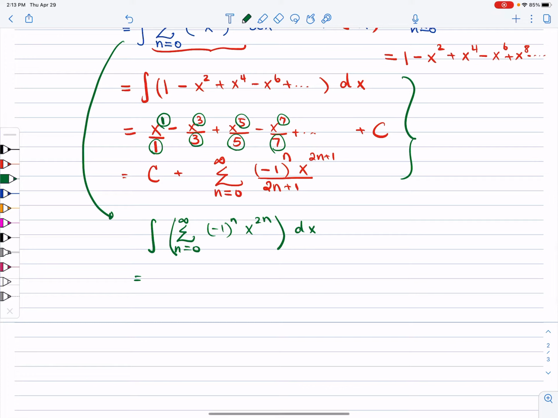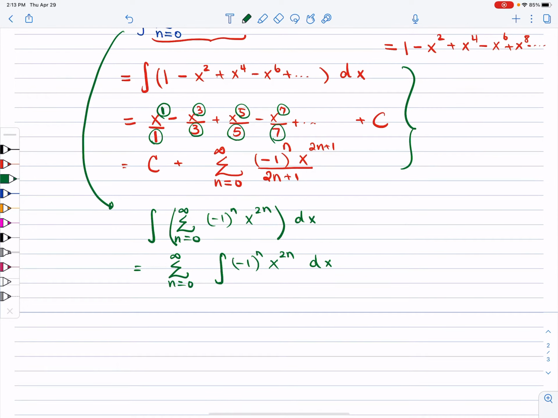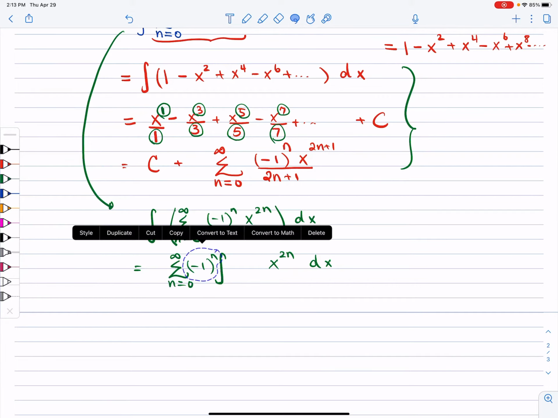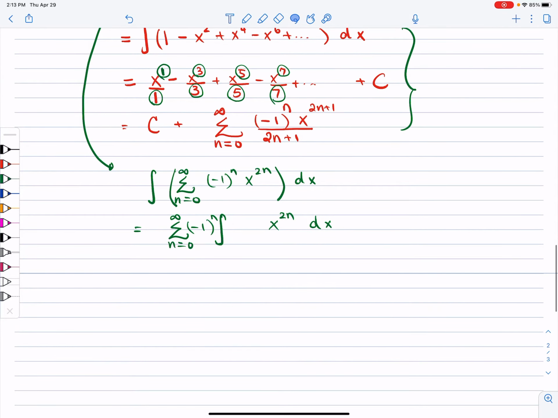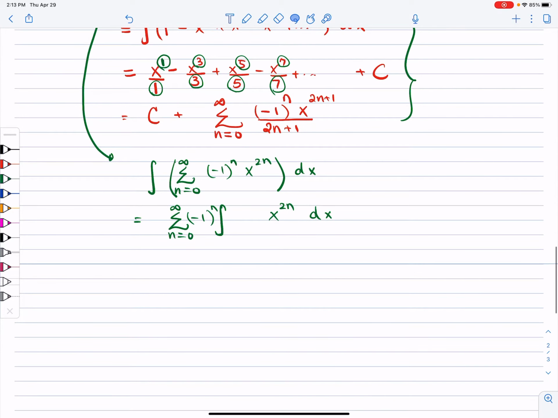This is going to be equal to the sum as n goes from 0 to infinity of the integral of negative 1 to the nth power x to the 2n dx. But since we are integrating with respect to x, negative 1 to the nth power would be considered a constant, so we can move that right outside of the integral.